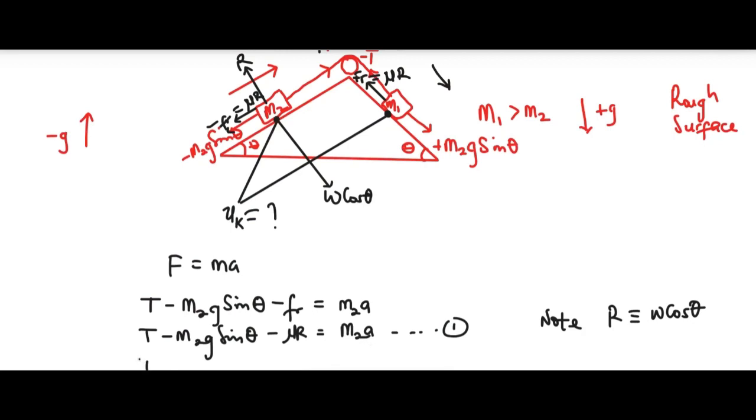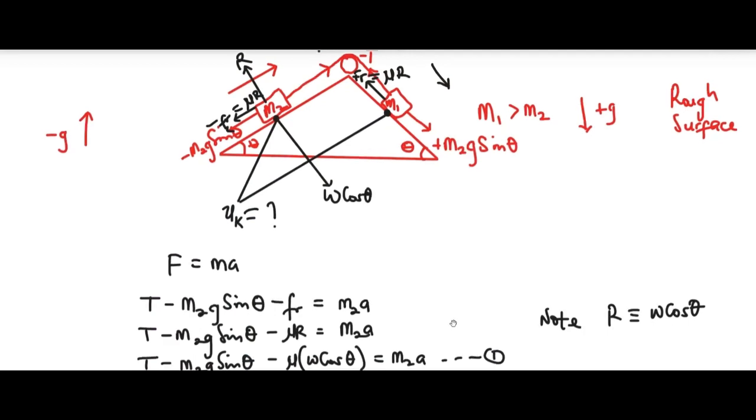So in a way, I can say that I have T minus m2g sine theta minus mu W cos theta, right, equals m2a. That's still my equation 1. So I can take this as equation 1.